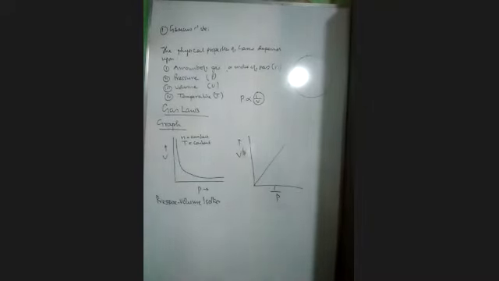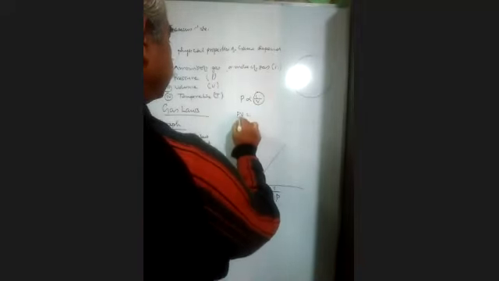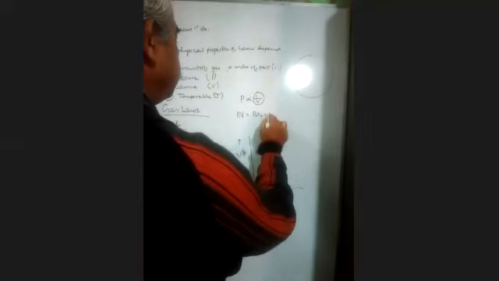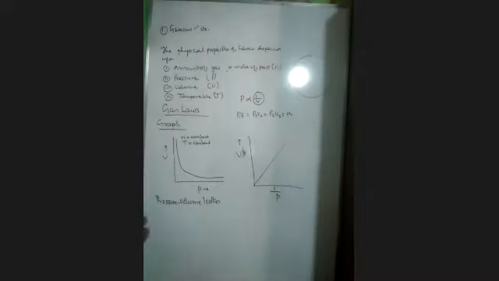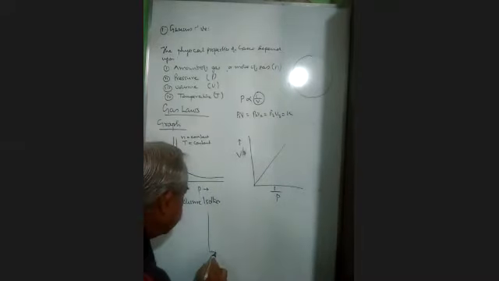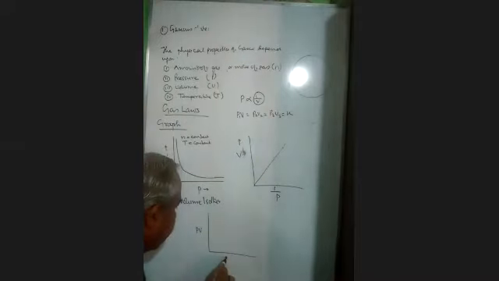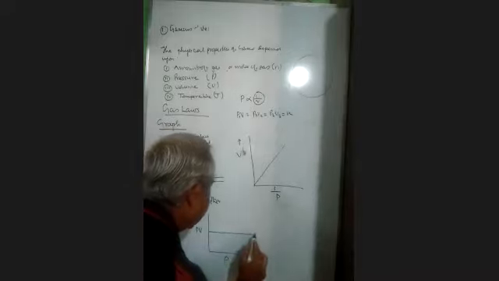All right. But again, we found that PV is equal to P1 V1, P2 V2, P3 V3, equal to K constant. So if I plot this graph, what are you going to get? Say it is PV. I have put the product PV here, and here the pressure. In that case, we'll find this graph is like this.